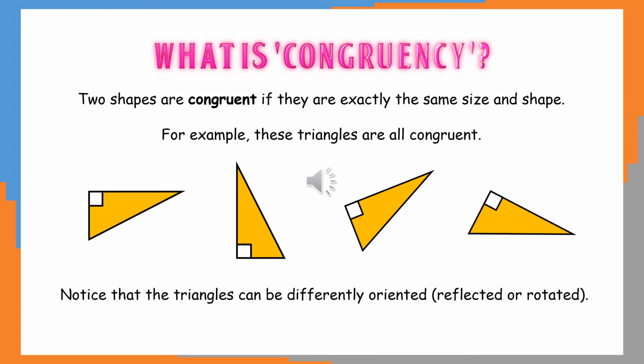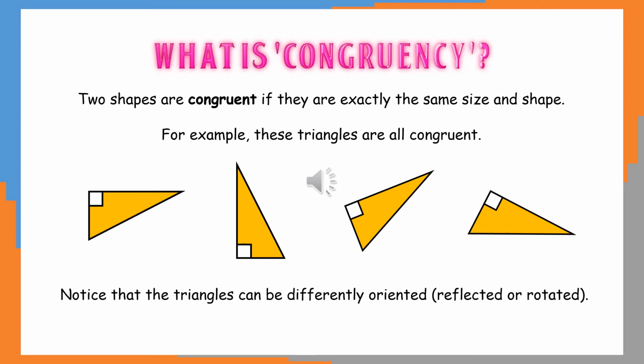What is congruency? Congruency means that if we have two shapes, we can say that they are congruent if they have exactly the same size and the same shape. For example, here, these triangles are all congruent.